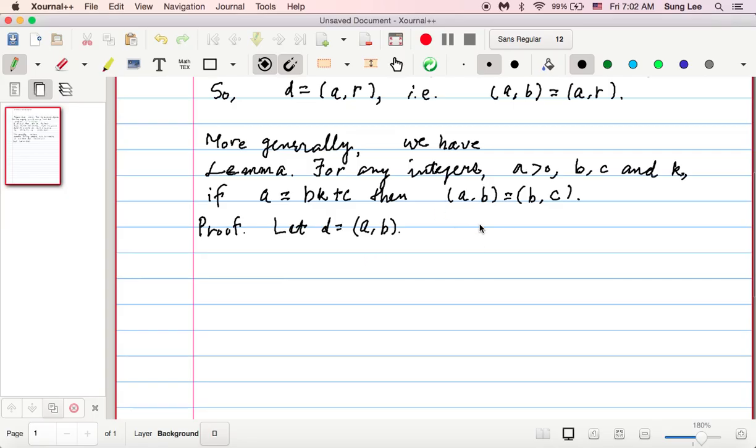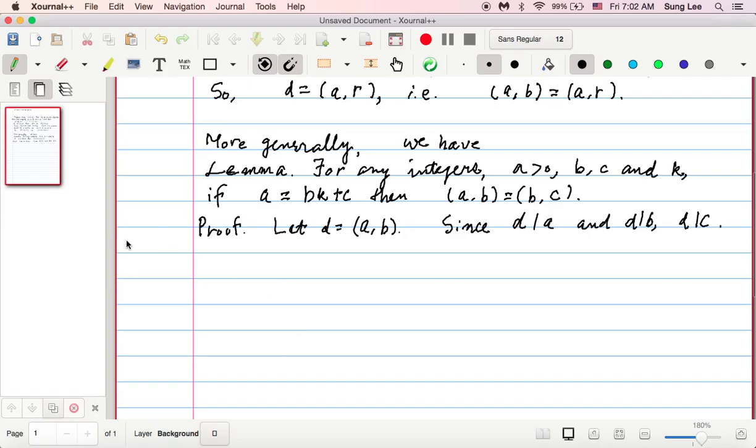The proof is pretty much the same. D divides A, and D divides B. C can be written as a linear combination of A and B, which is A minus BK. So D must divide the linear combination of A and B, which is C.